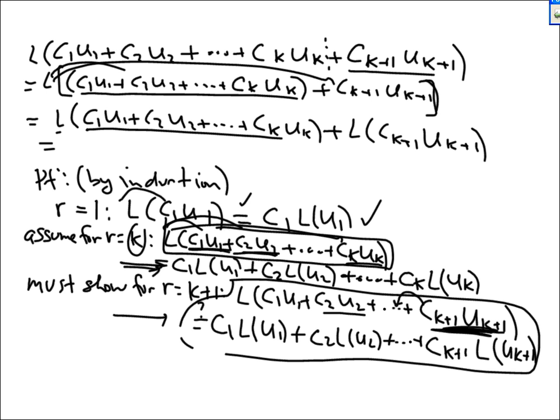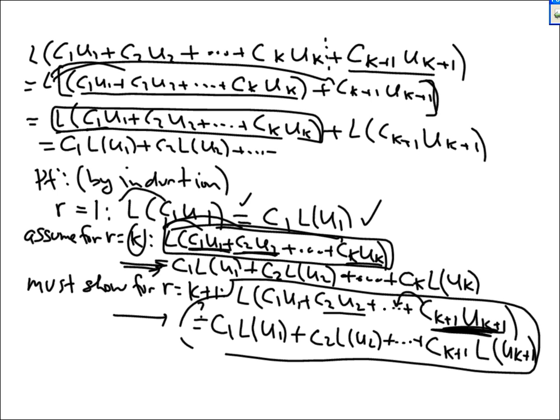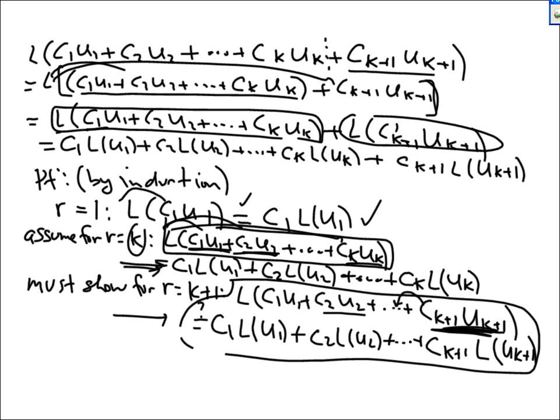L of that is C1 L of U1 plus C2 L of U2 all the way up to CK L of UK, plus this. But L of that is CK plus 1, L of UK plus 1. The scalar can come out in front. And that's exactly what I wanted to prove.